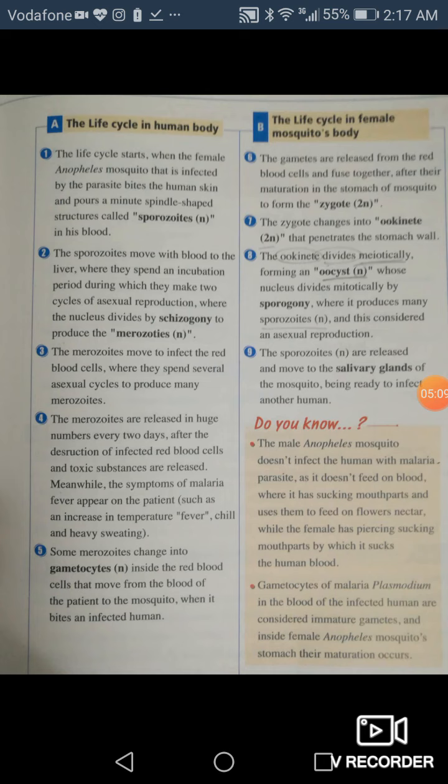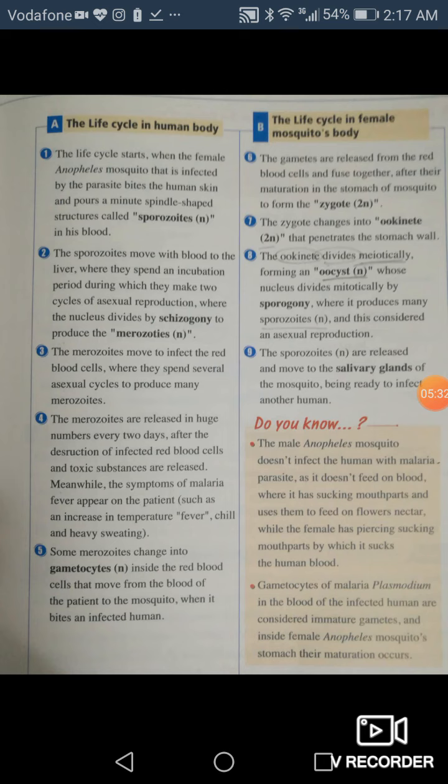The plasmodium is an independent living organism. So when the infected Anopheles mosquito bites the skin of the human, it pours minute spindle-shaped structures called sporozoites, which have n genetic material, into the blood.